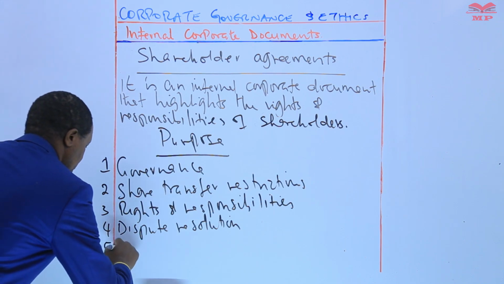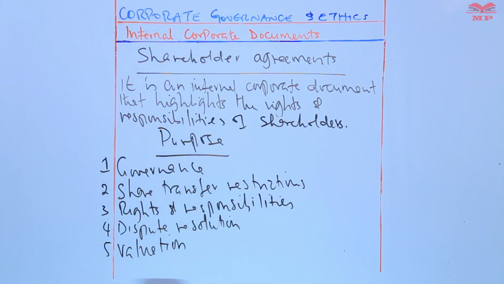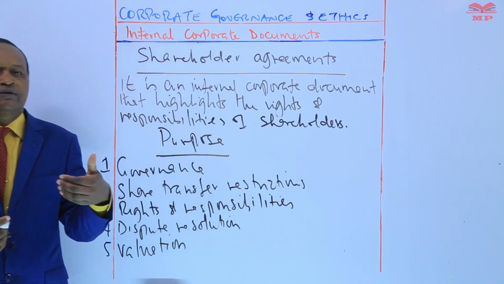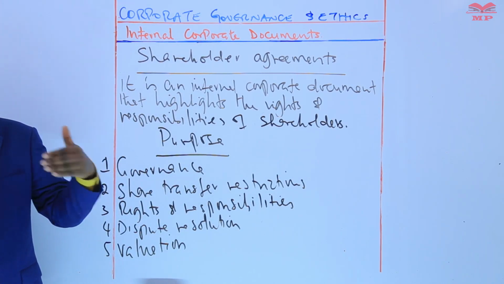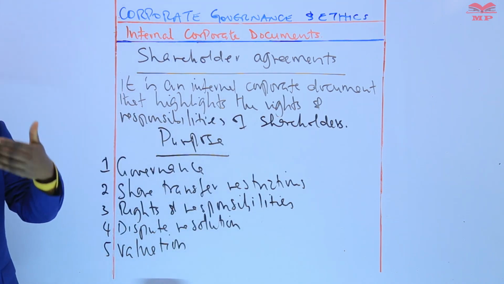Fifth, valuation. This document can specify methods of valuing the company's shares, particularly in important cases like mergers, acquisitions, and buyouts, and so on.